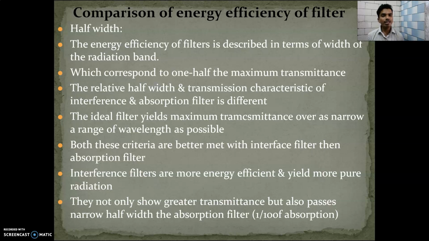The ideal filter yields the maximum transmittance over as narrow a range of wavelength as possible. Both these criteria are better met by the interference filter than the absorption filter. Interference filters are more energy efficient and yield more pure radiation, and they show not only greater transmittance but also a narrower half width than absorption filters.